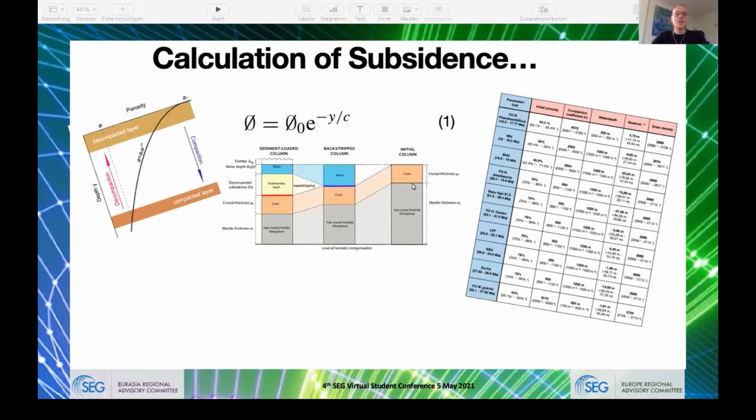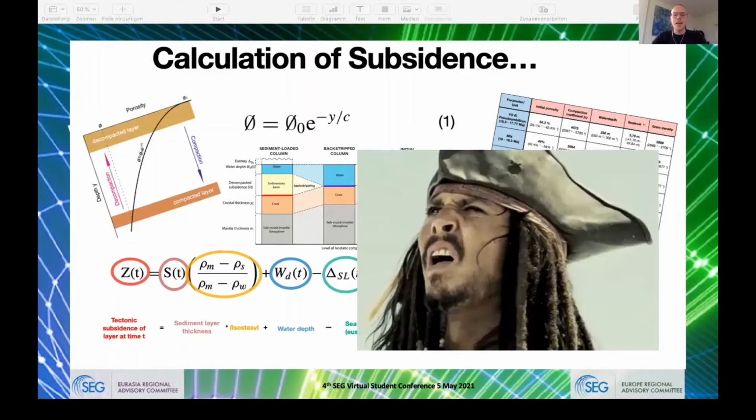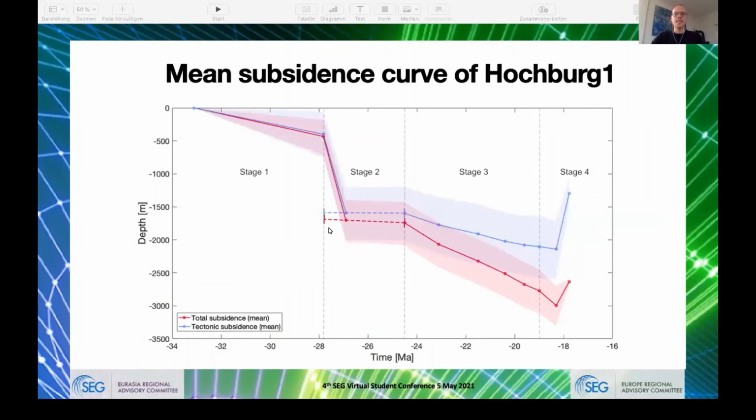We have to apply a whole backstripping method here for the whole basin. I'm using this formula, and as this probably just goes a little bit too deep into the theme, and this may be also a little bit confusing at this time step, I would like to stick today with the results, and our results are mainly this mean subsidence curve here.